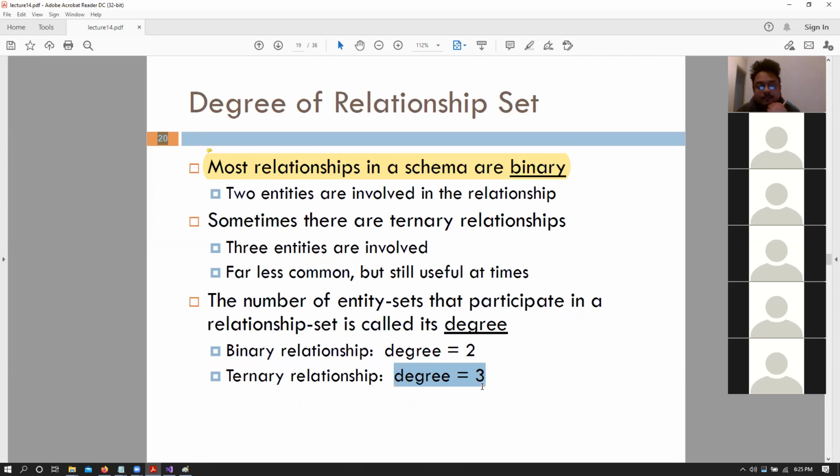I think assignment 5 requires that you design an ER diagram where students usually end up using a relationship of degree 3. But I have never seen someone use relationships for 4 tables, right? So a binary relationship means I'm connecting 2 tables using a relation. A ternary relation means I'm connecting 3 tables using a single relation.